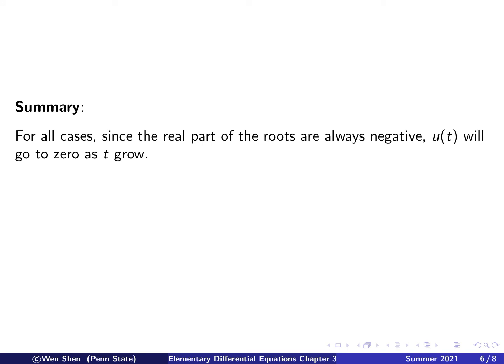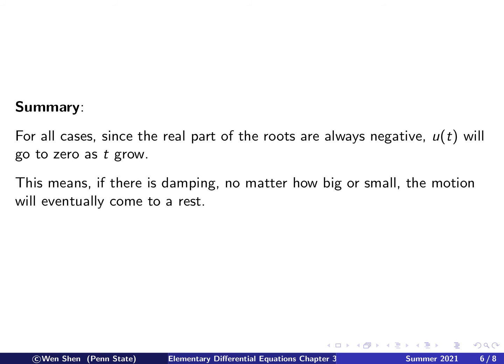Okay, let's summarize. We have 3 cases, but we see that for all the cases there is a common feature: the real part of the roots, no matter which case you are in, is always negative. And that causes the solution u(t) to eventually go to 0 as t grows to infinity.